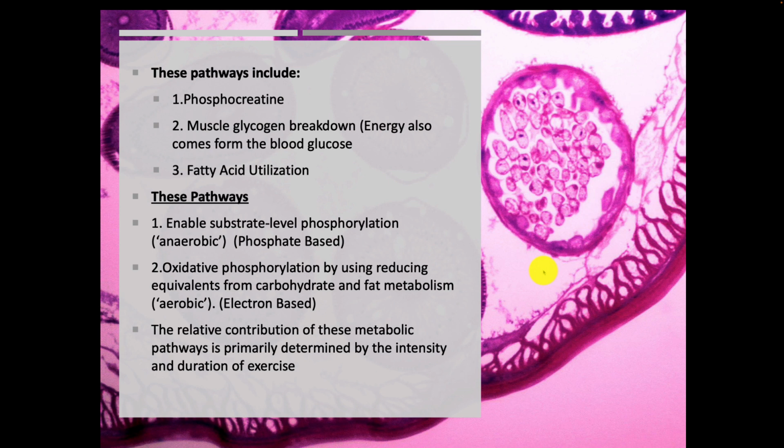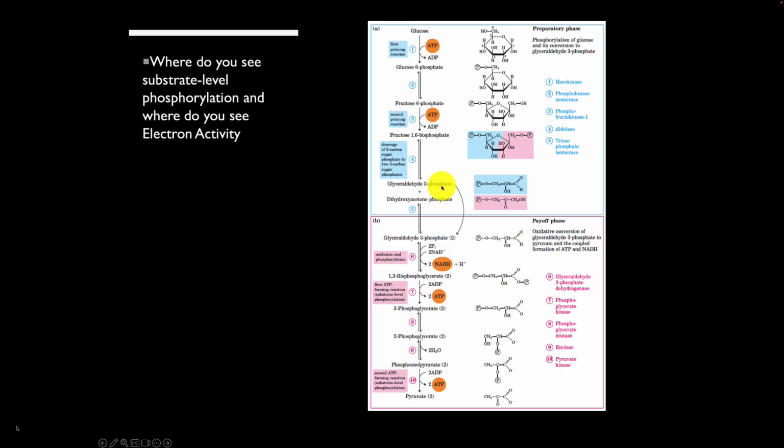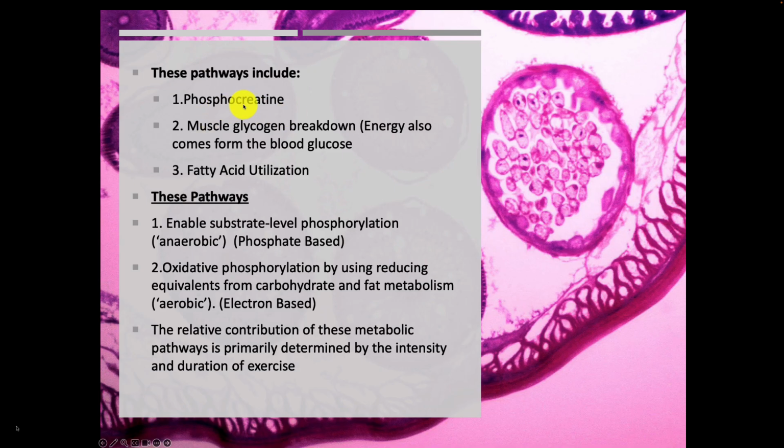You guys are aware of that because we already have drawn these pathways in class. But the substrates that are being committed to rebuilding ATP are coming from very different places. So we have a phosphocreatine pathway, which I will draw for you guys so it will be very clear.